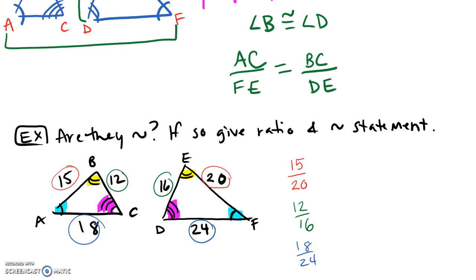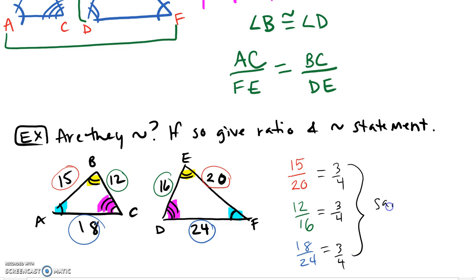I need to reduce my fractions to see if they come out the same. So 15 over 20 is 3/4, 12 over 16 is 3/4, 18 over 24 is also 3/4.